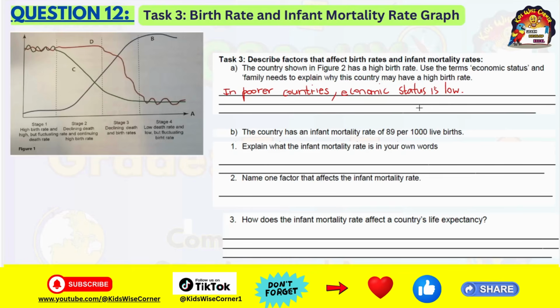So economic status is low. So families need many children to help with work and to care for parents in old age.